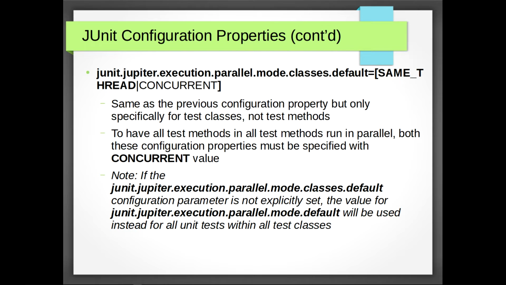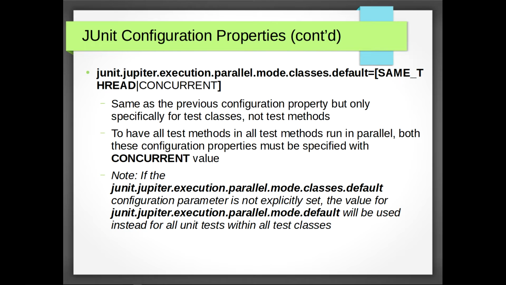And obviously there are several permutations which can be achieved by setting these two last properties to either same_thread or concurrent, and they all achieve different parallel semantics.